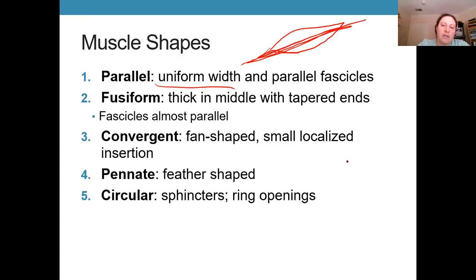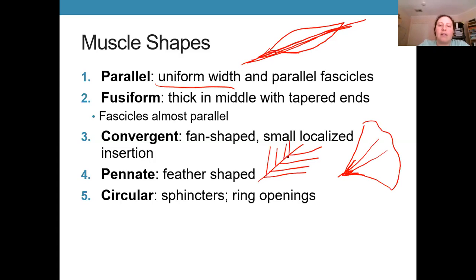Convergent muscle is fan-shaped. One attachment is very focal, and on the other side we have this very broad distribution, and the tendon comes down here. Pennate are feather-shaped, and that means the fascicles are arranged at an angle to a tendon so that it looks like a feather or a leaf. And then circular is exactly how it sounds. They literally go around in a circle.